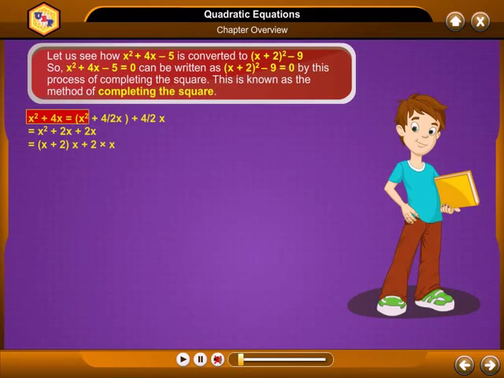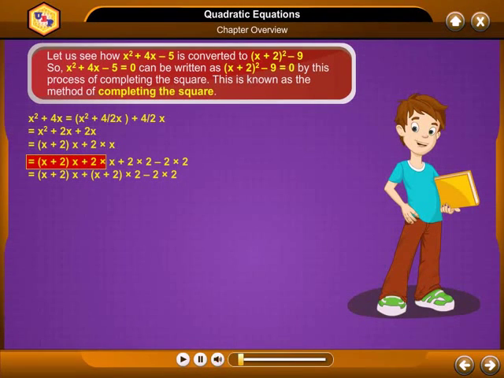x² + 4x = x² + 2·2x = x² + 2x + 2x = x(x + 2) + 2(x + 2) − 2·2 = (x + 2)(x + 2) − 2·2 = (x + 2)² − 4.